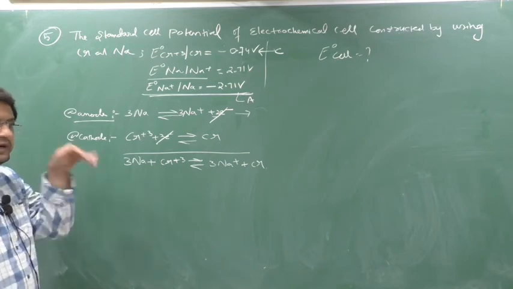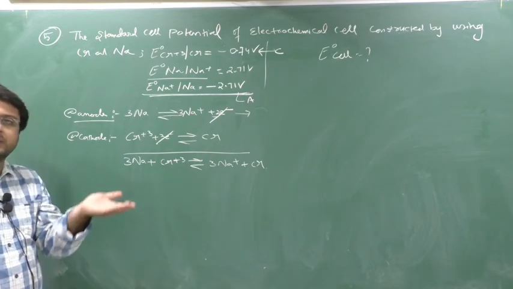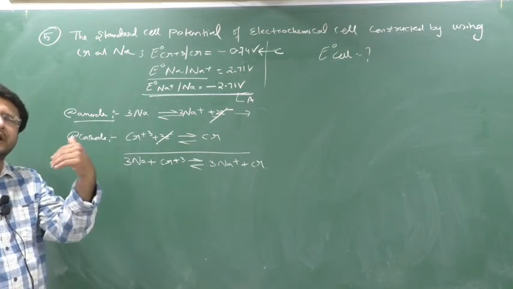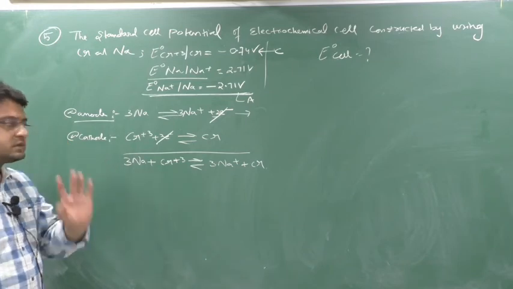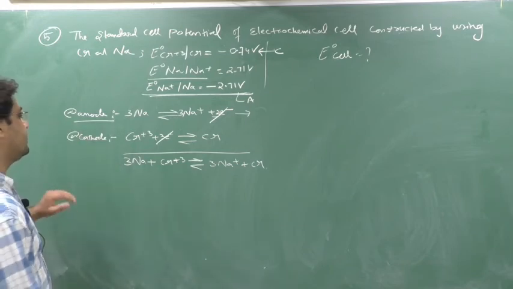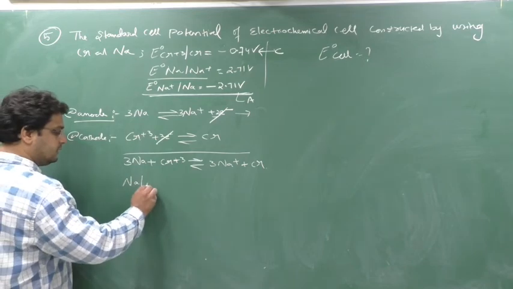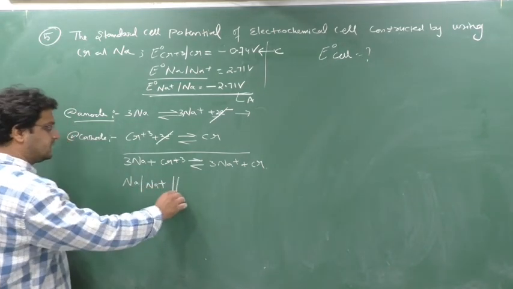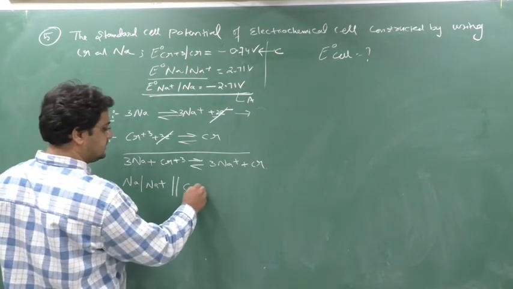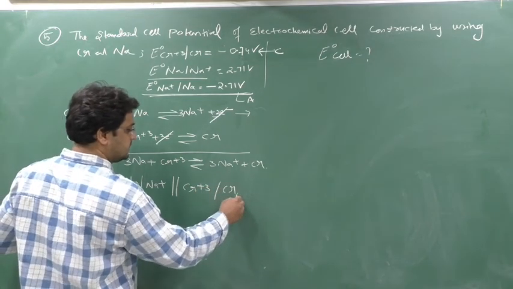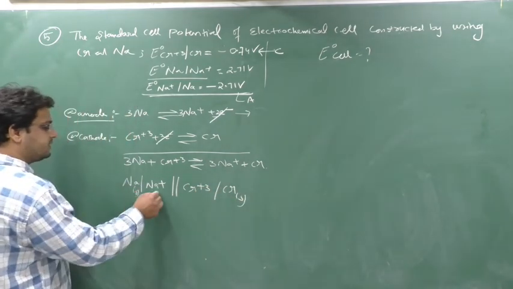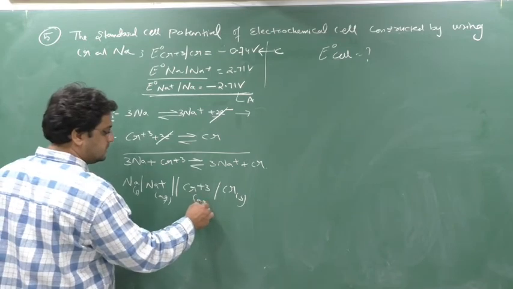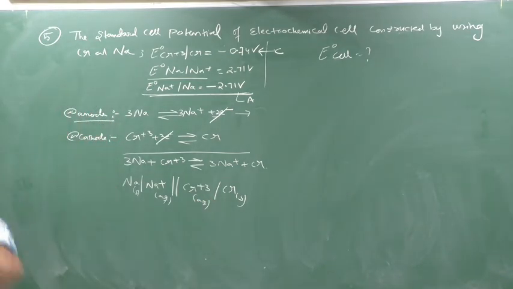Anode means atom and its active ion separated by a single line. Cathode means active ion and atom separated by a single line. So who is the anode? Sodium. So Na is converting into Na plus, salt bridge, cathode Cr plus 3 and Cr. This is solid, and this will be aqueous.